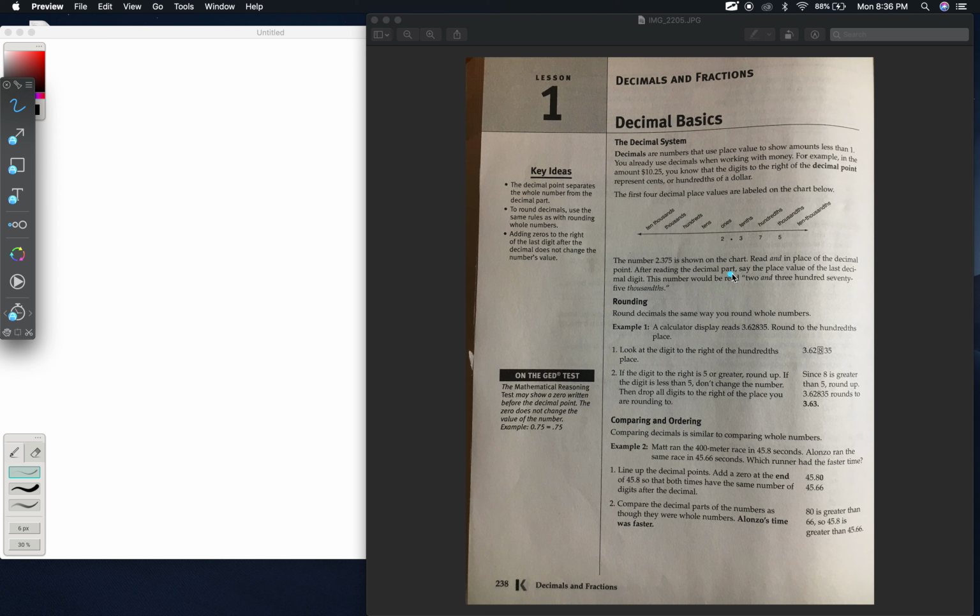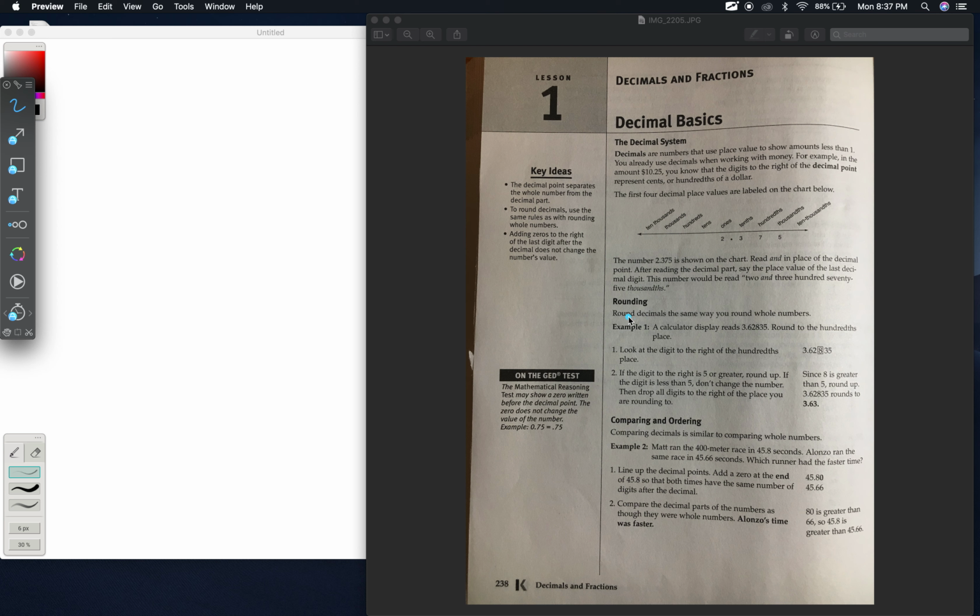After reading the decimal part, say the place value of the last decimal digit. As you can see here, since this is the last decimal digit, they use the THS there. They don't use it anywhere else necessarily.